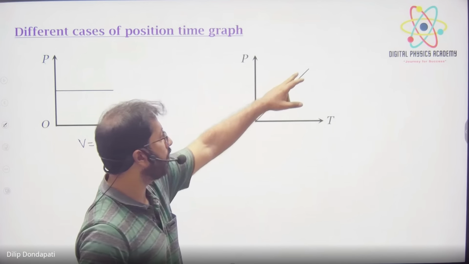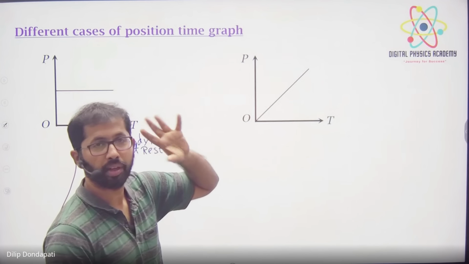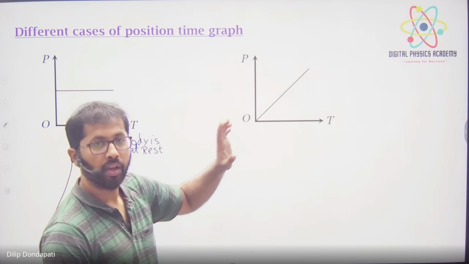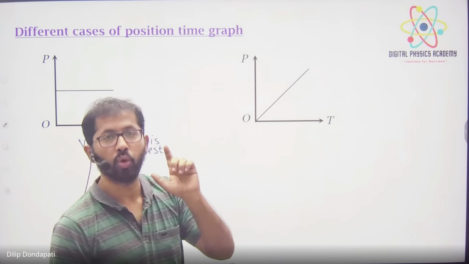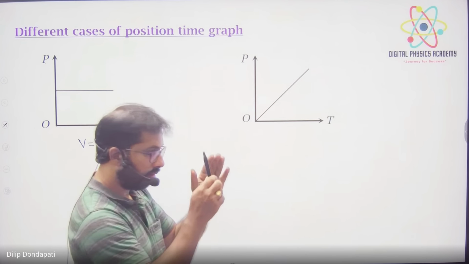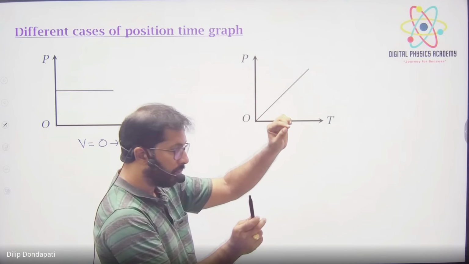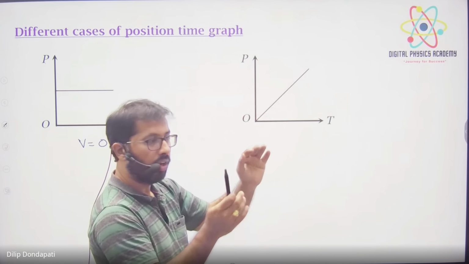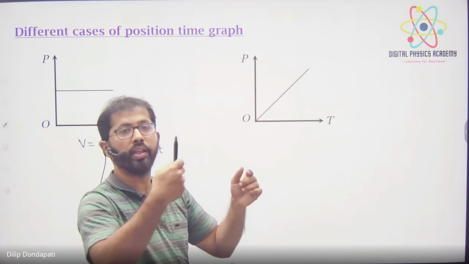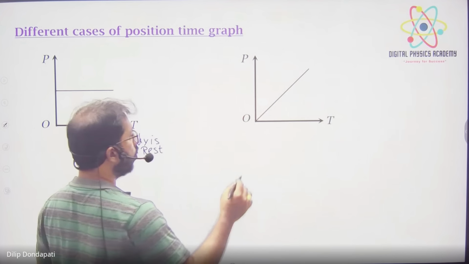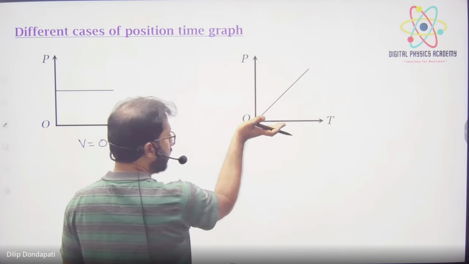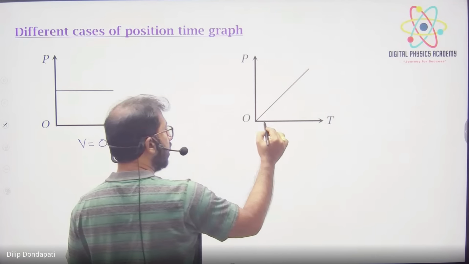Don't see the graph like this; this is a position time graph, not a velocity time graph. I want to know about velocity. For velocity, what do we have to find? Slope, always. That graph is a displacement time graph. We cannot tell about velocity directly; only if I find the slope, the slope will decide the velocity. Now we are trying to find the slope. If you see carefully, the x-axis makes an angle theta. This is theta.